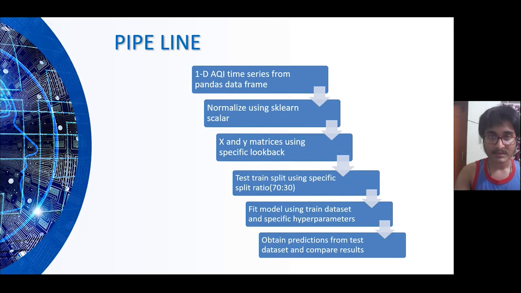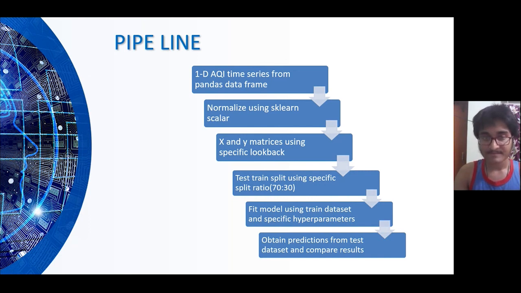This is the basic pipeline that we have implemented for all our models. First, we have obtained the 1D AQI time series from our pandas data frame, which we normalize using the scikit-learn scaler and convert into X and Y input and output matrices with a specific lookback. After that, we split X and Y into a test and train dataset with a specific split ratio of 70:30.